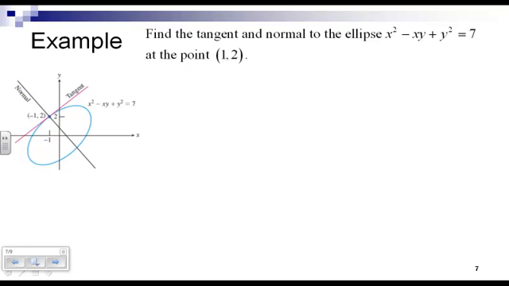The derivative of x is 1. The derivative of 1 is 0. But then once you put it in, you have to times everything.